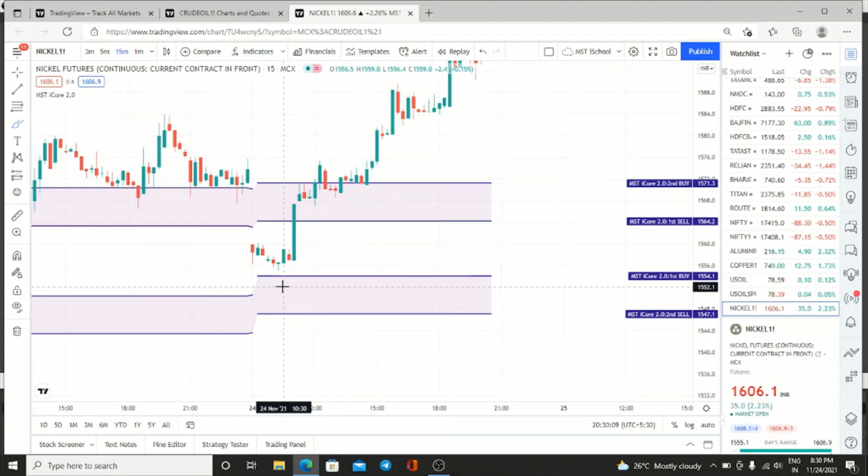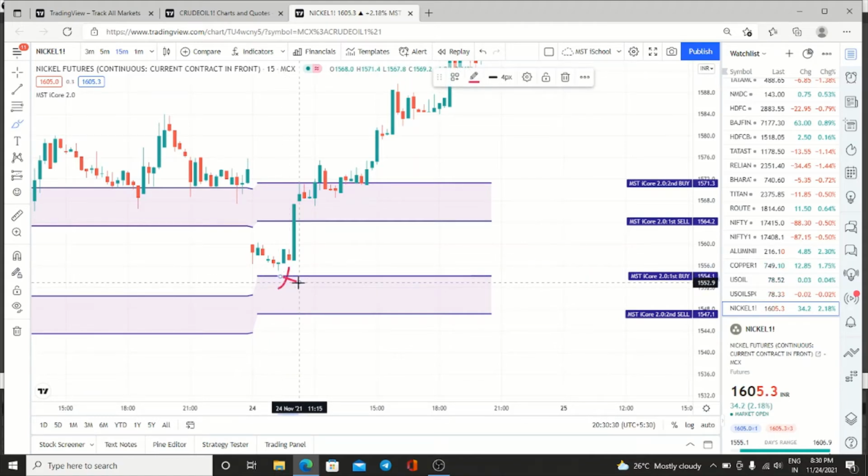So we missed the entry by 1 point, and 1 point is equal to 1500 rupees. We have given the advice to take an extra risk of 300 rupees; 300 to 500 rupees is okay, it is acceptable, but 1500 is not acceptable. So we will consider buy is not activated.